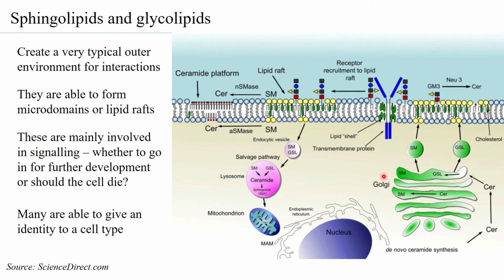But please do keep in mind that the identity of a cell is not dependent only on sphingolipids and glycolipids on its surface. You also have glycoproteins, and many of these glycoproteins can also be responsible for being a surface marker. So you can identify a cell because of the presence of a particular molecule, and the particular molecule may be a sphingolipid or a glycolipid. That is important to note.